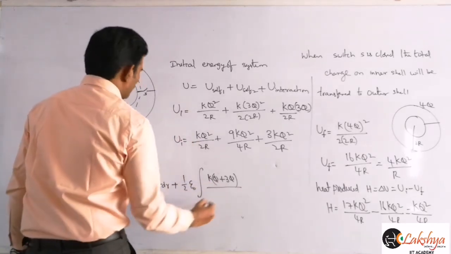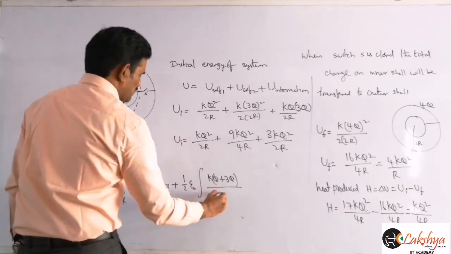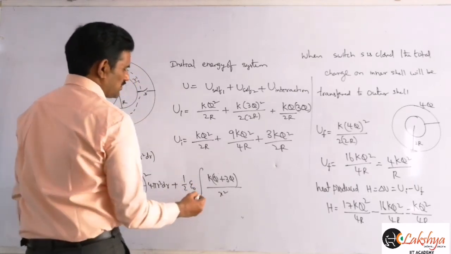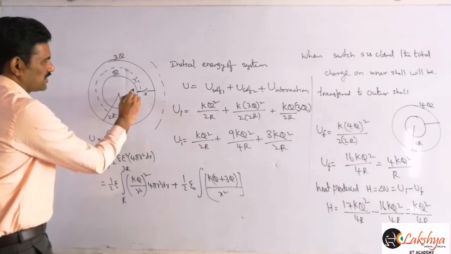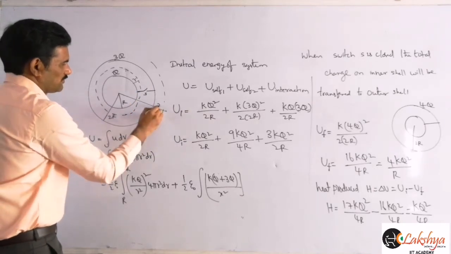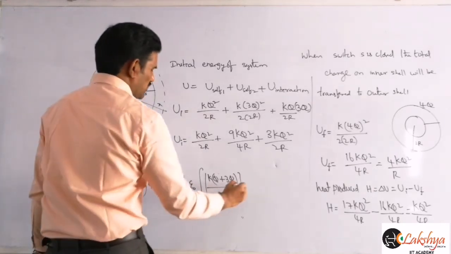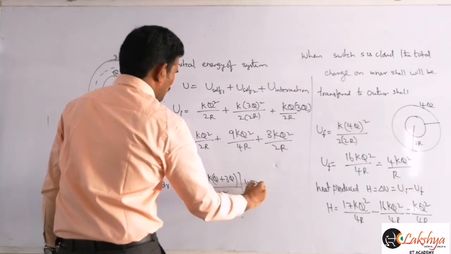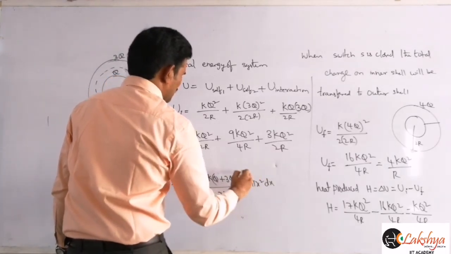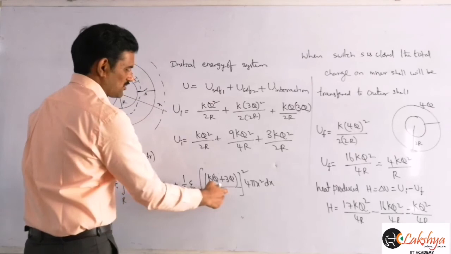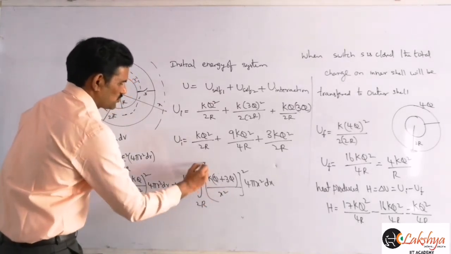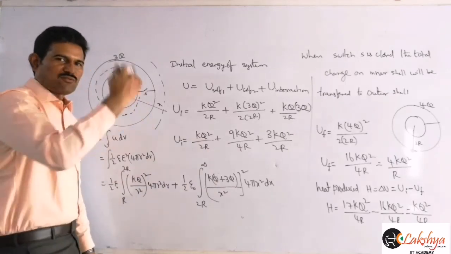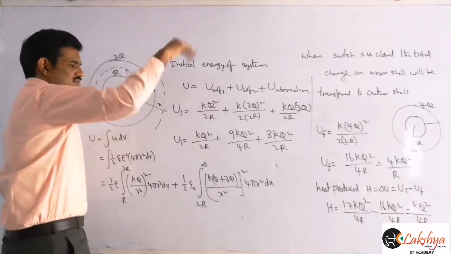Suppose you are taking a distance x, again we are assuming a spherical shell at a distance of x, so then it is 4 pi x square dx. This is again whole square, half epsilon naught E square. And now this x value varies from 2r to infinity, from the surface of this outer shell to infinity.